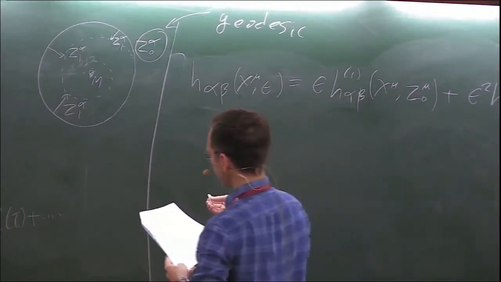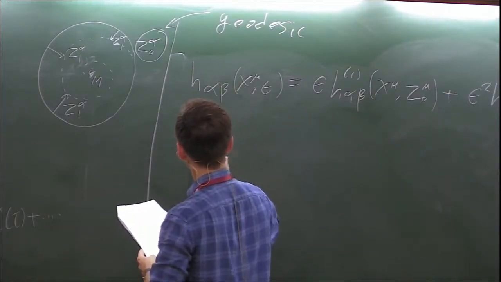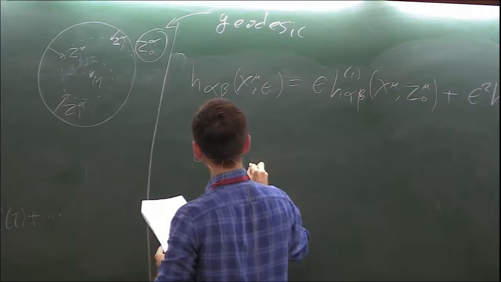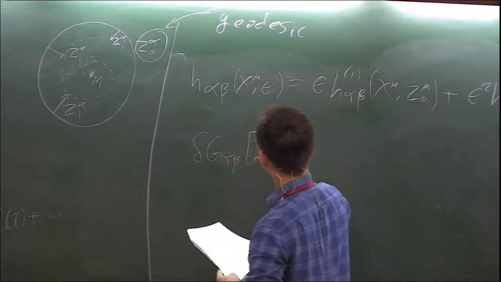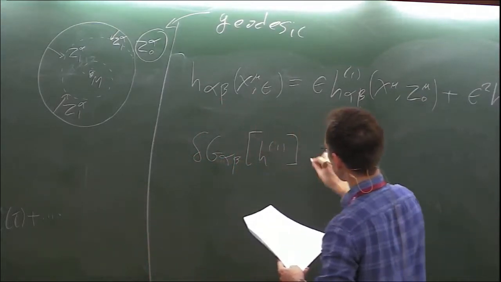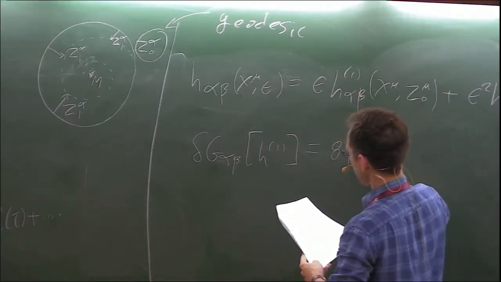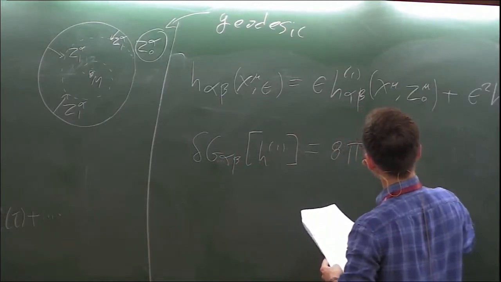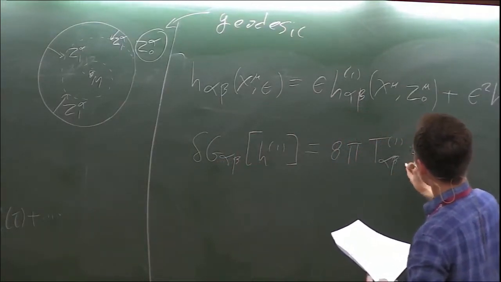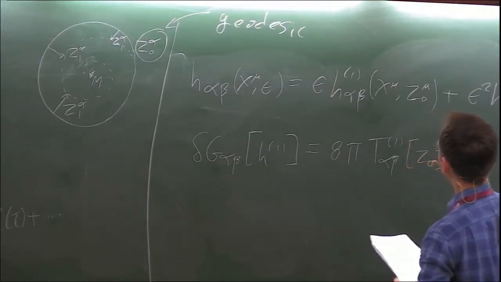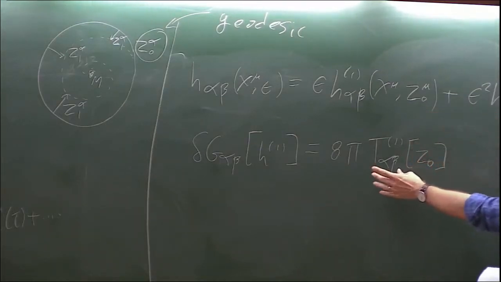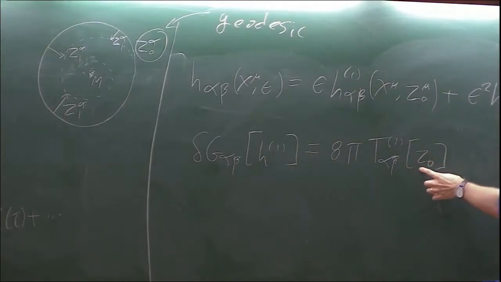So then the Einstein equations you end up solving: you have the linearized Einstein tensor equal to 8 pi T alpha beta, and this is the stress energy of a point particle moving on the zeroth order geodesic.